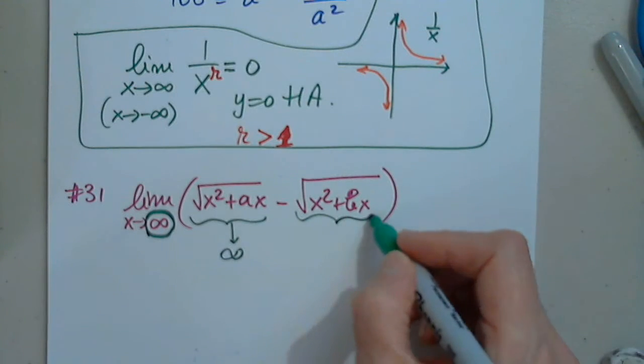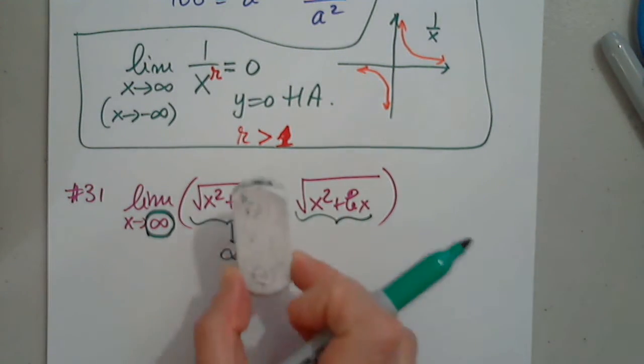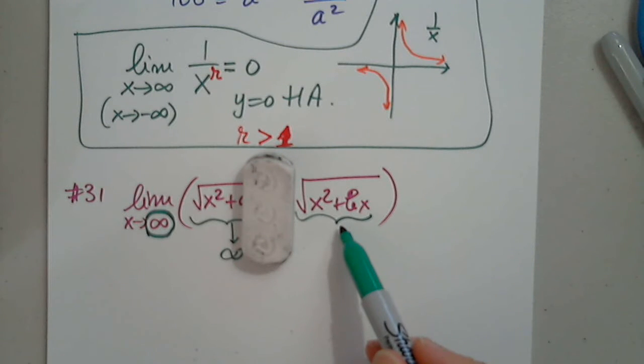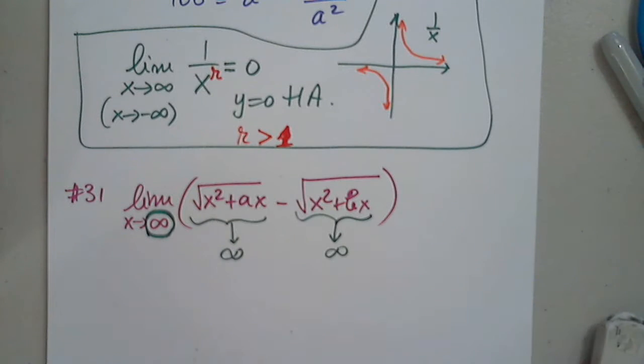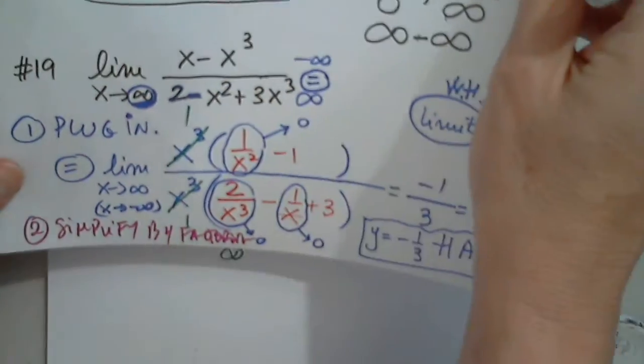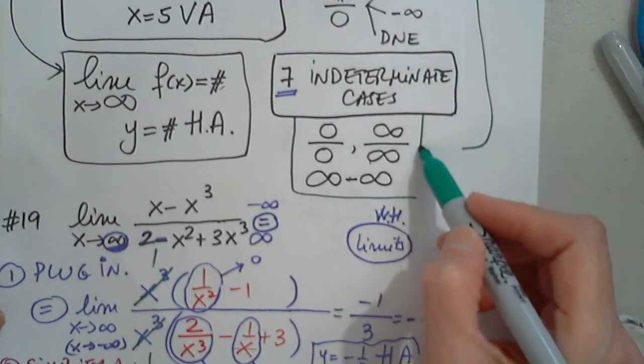Where does this go? By the same principle, negative infinity. Get the minus. Where does this go? Infinity. Good. And now what is this? So it'll just be 0.